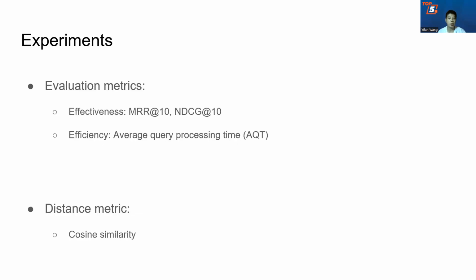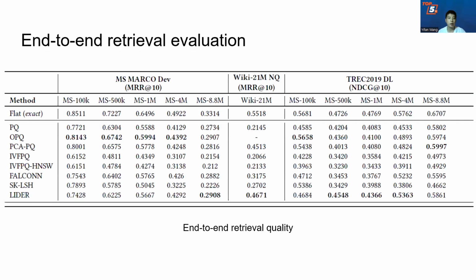And the evaluation metrics include MRR and NDCG for effectiveness, average query processing time (AQT) for efficiency, and distance cosine similarity.